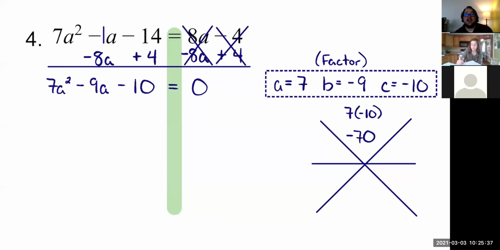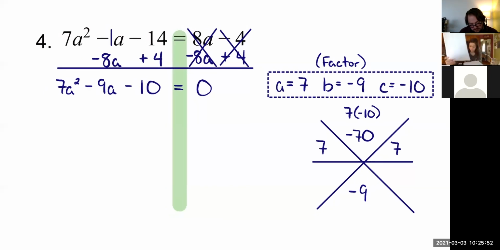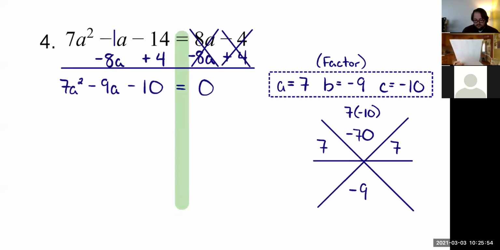It's A times C, not A times B. On either side of that will be A, which is 7. B on the bottom is negative 9. So I'm looking for factors of negative 70 that also add to equal negative 9.